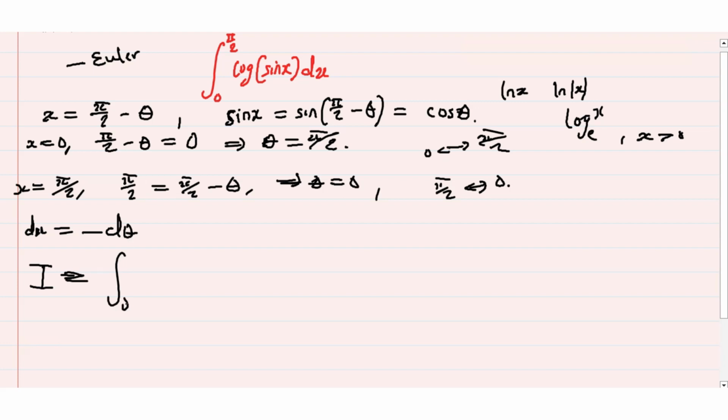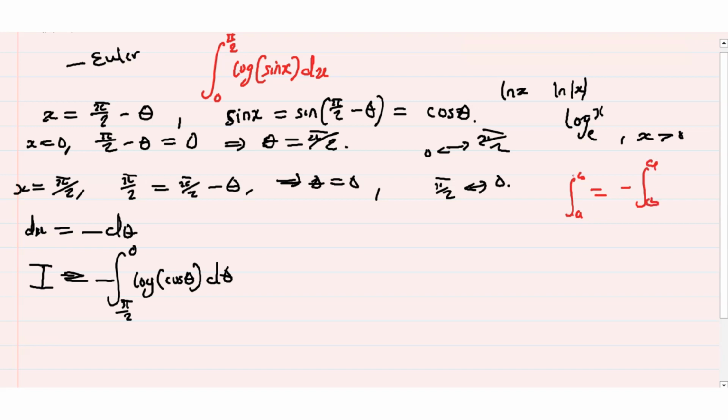the integral, not from 0, but from pi over 2 to 0, I will become the integral from pi over 2 to 0 of the logarithm of cosine of theta, because just as we have discussed here, sine of pi over 2 minus theta is just cosine of theta. But the d theta had a negative attached, so we have a negative d theta here. But remember that, as we have shown, the integral from a to b is equal to the negative of the integral from b to a.